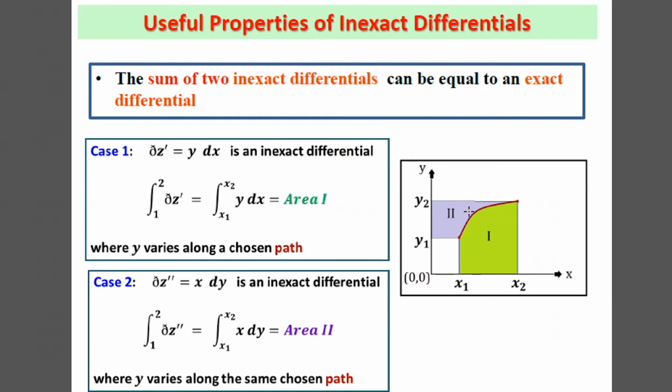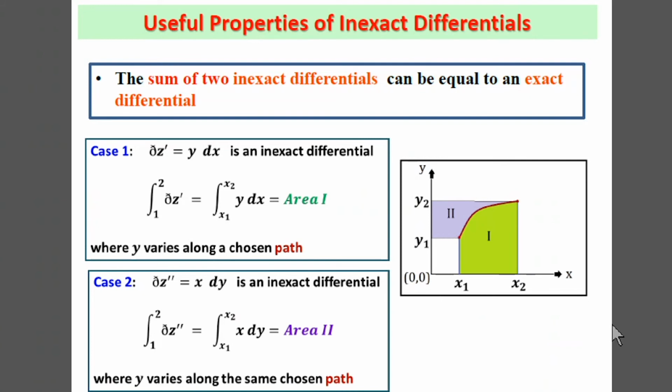Z prime is the area covered in green, the integration from state 1 to 2, the integral of y dx from x1 to x2, and that represents this area.